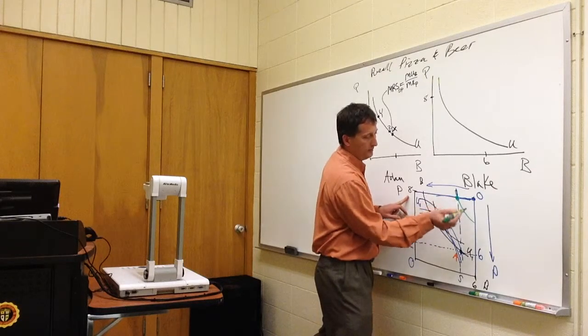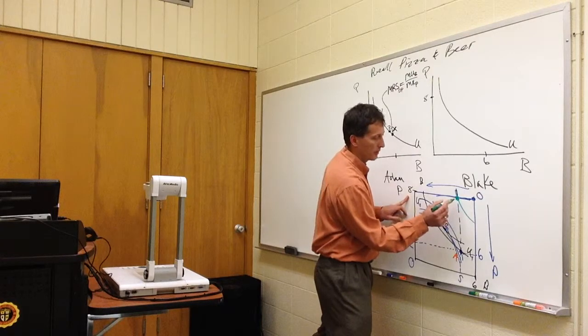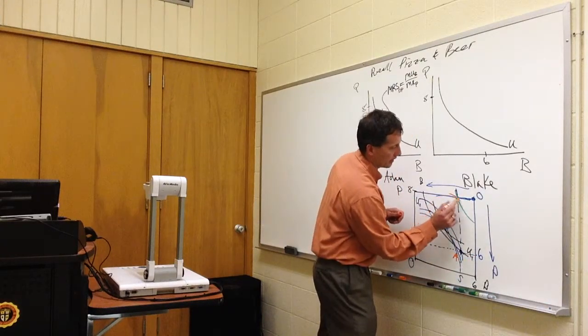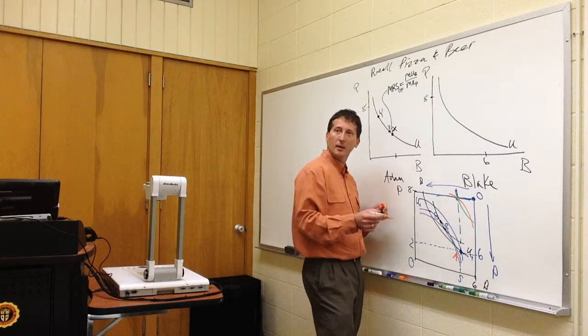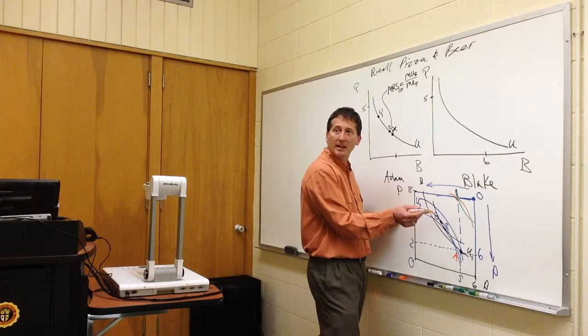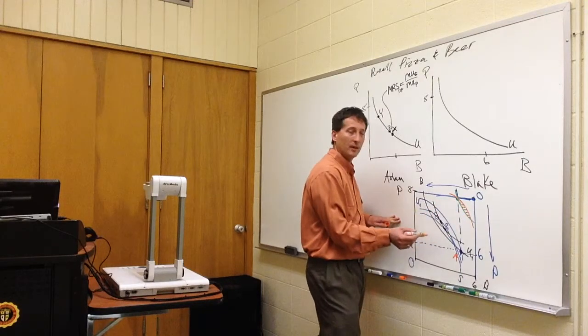Would we still be efficient? So if Blake's indifference curve, and I'm just making up a point here now, there's a football region. Is there still room for making that efficient? Yeah, because there's a football region, right? So there's our football region.